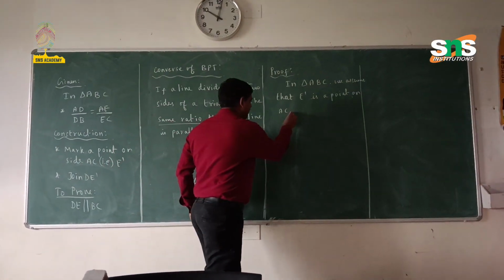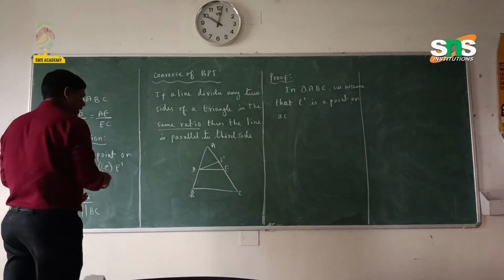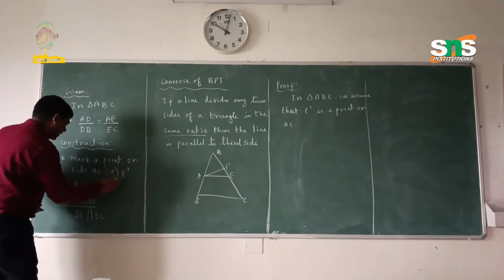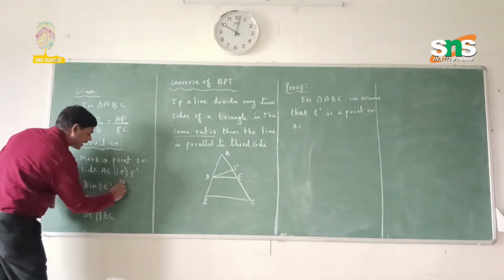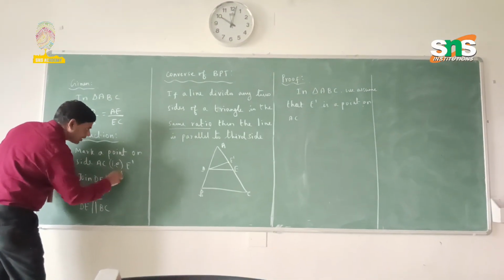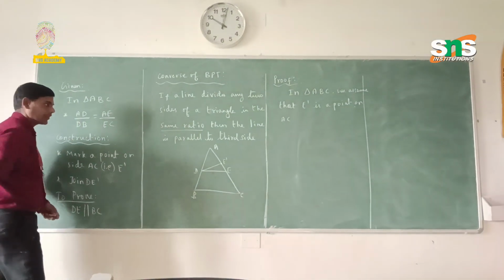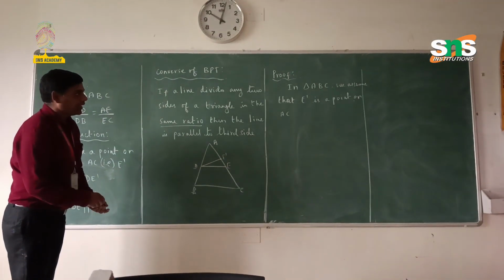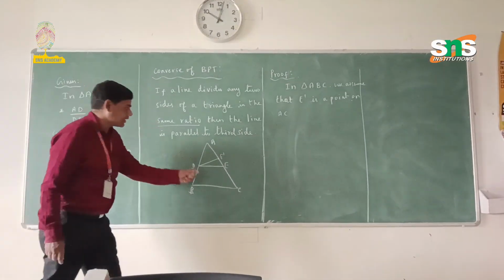At the same time, I forgot to say that here we have taken the point for DE dash. Fine, so we assume the point E dash is a point on AC.